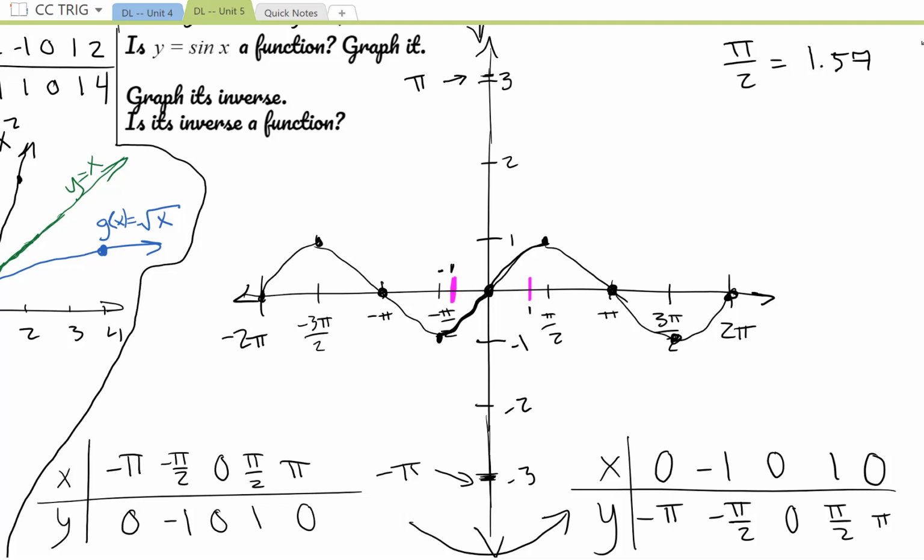Let's graph. 0, negative pi. Negative 1, negative pi halves.